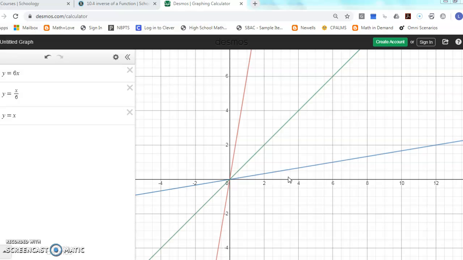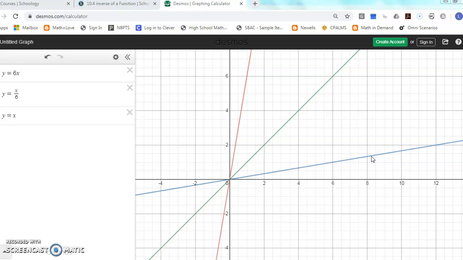Okay, I wish we could fold this right now, but these two graphs are actually reflections of each other across the green line. So if you have a piece of paper, go ahead and put it on your screen, trace these three lines, and then fold your paper across the green line. So the red one will go on top of the blue line.